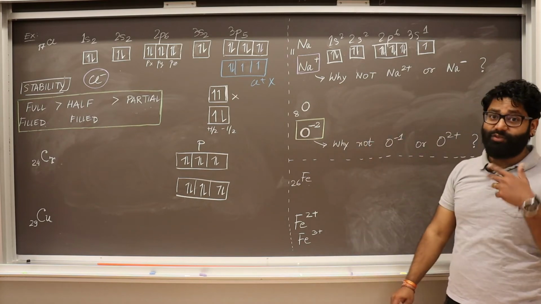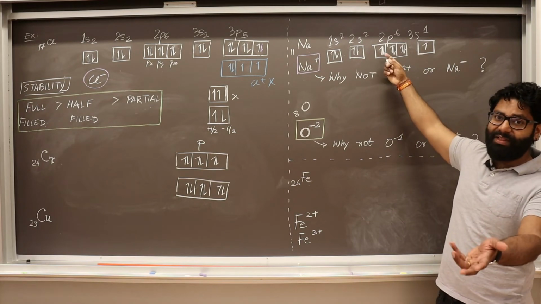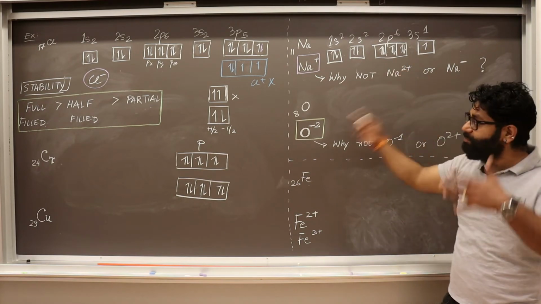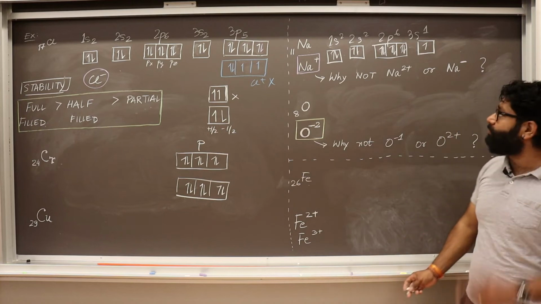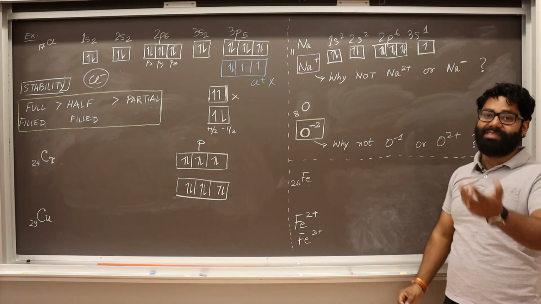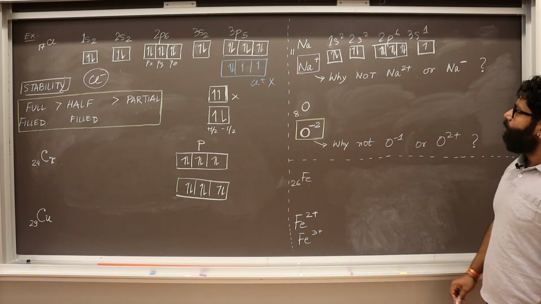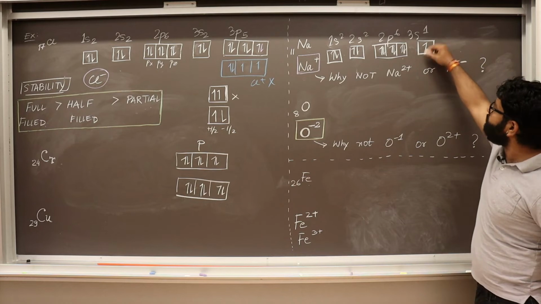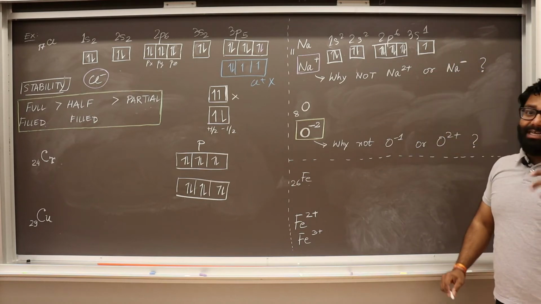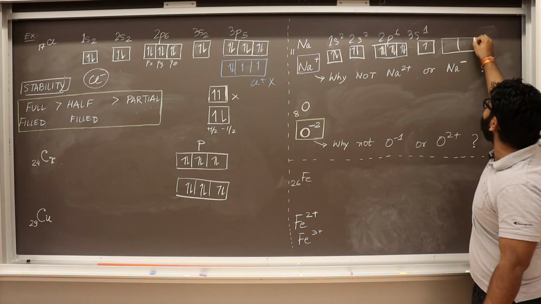You don't want to go to Na2 plus, because if you go to 2 plus, this fully filled shell will lose 1 electron and become partially filled. You don't want that, right? So this becomes Na plus, and that's why it is stable. Now your question might be, what if you get an Na minus, then also this becomes stable? Yes, it looks like that, but please remember, then you have a 3p electron in here too.